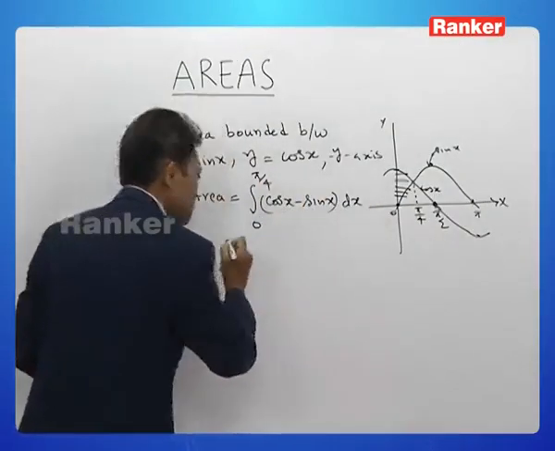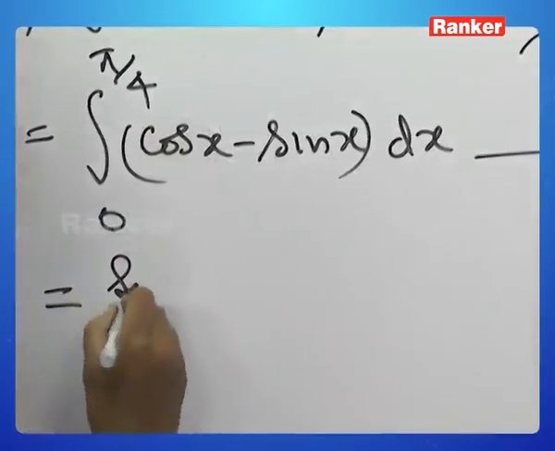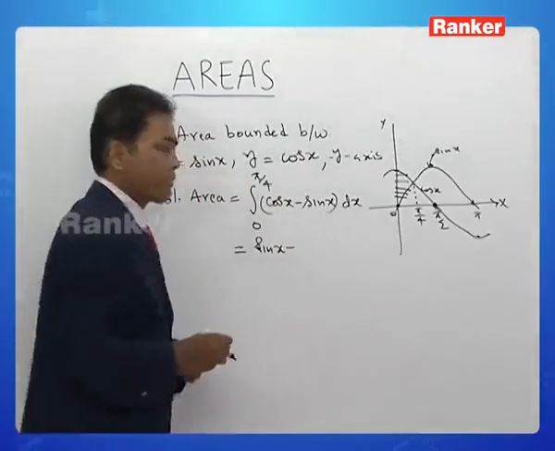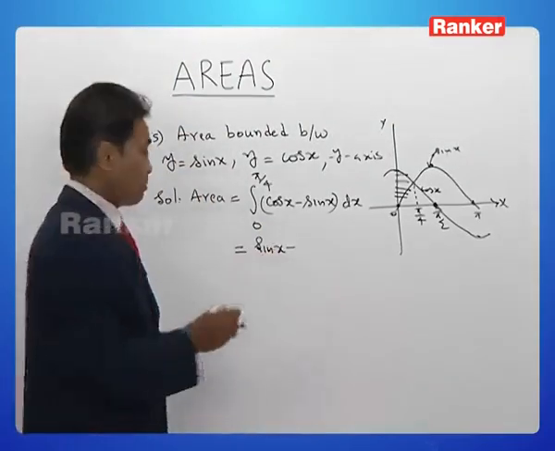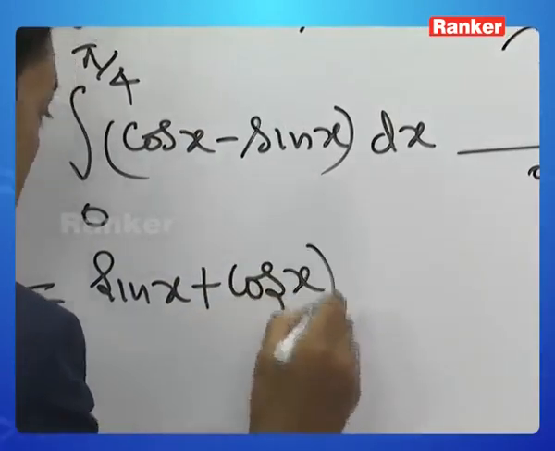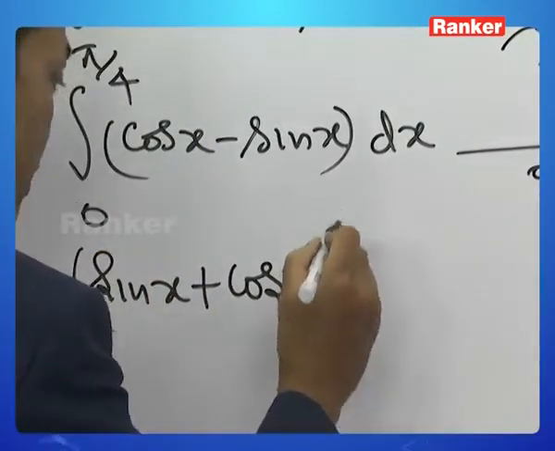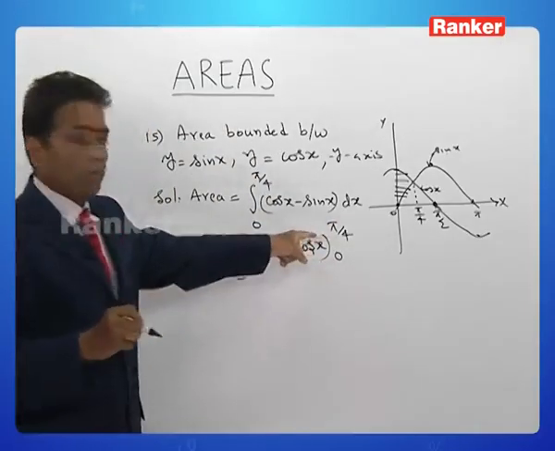Right? Cos x integration is sin x. Minus sin x integration is minus cos x, minus minus becomes plus. 0 and pi by 4. First apply upper limit.